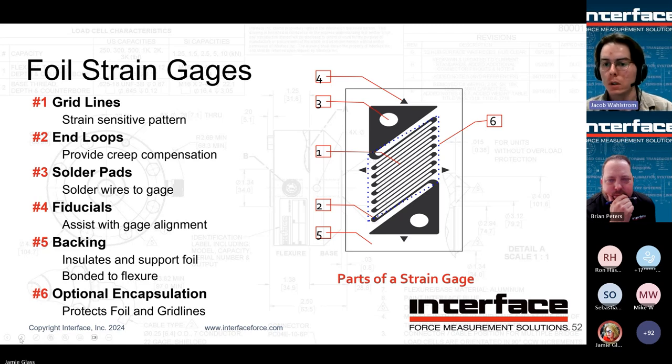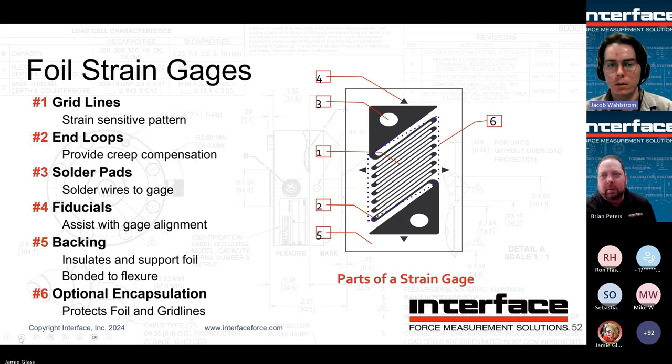The fiducials, those can look different for different types of gauges, but they help you align your strain gauge, which is very, very important. The backing, that's what your foil is bonded to, and that's also what you're going to use to bond to your spring or your flexure. And number 6 is going to be an optional encapsulation. That basically just protects your grid lines.